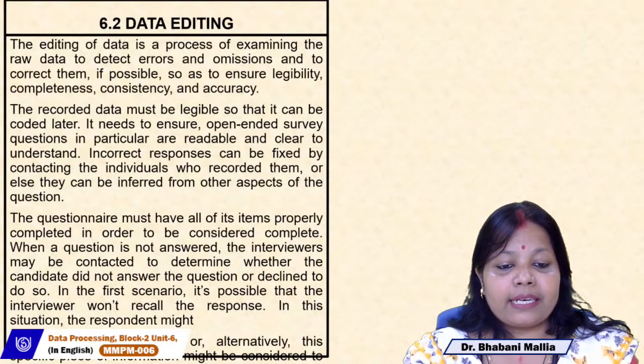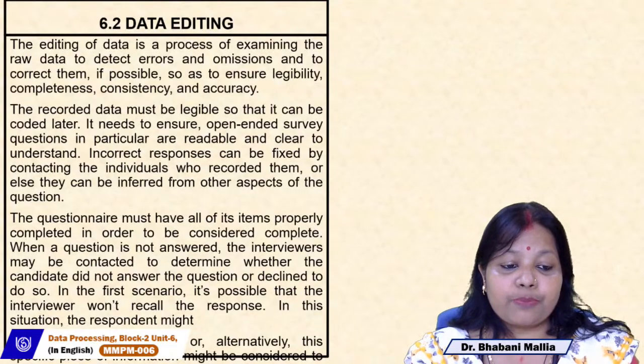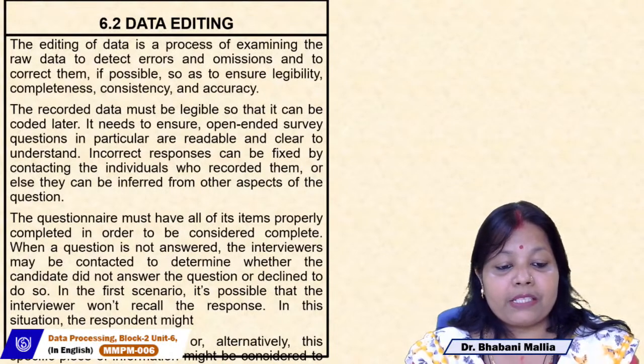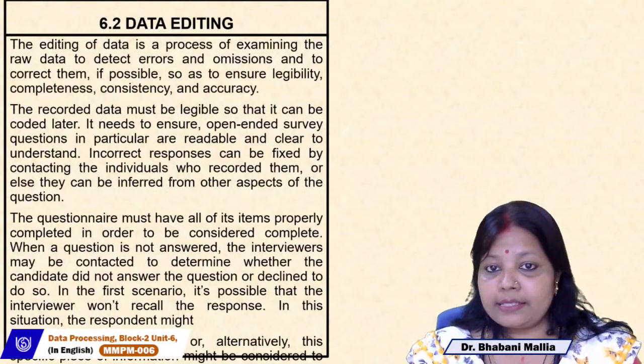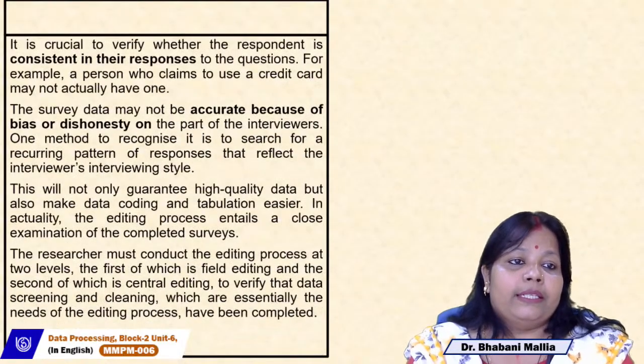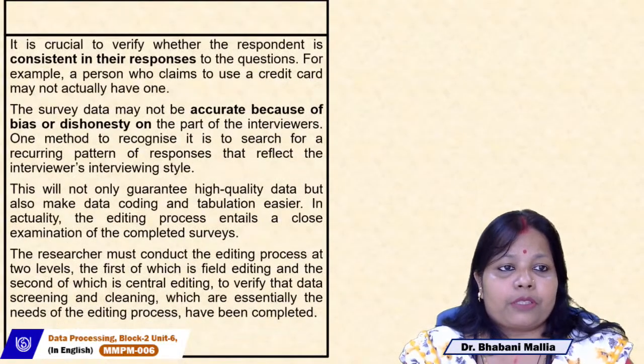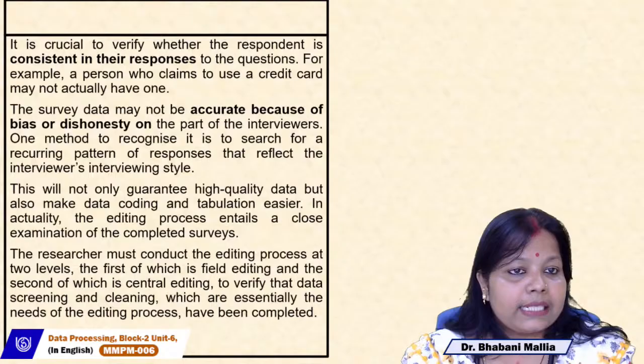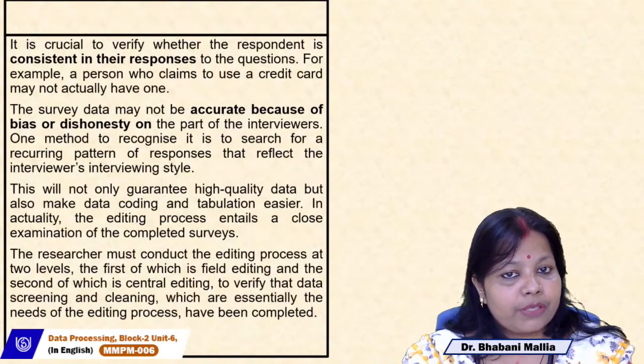In the first scenario, it's possible that the interviewer won't recall the response. In this situation, the respondent might be contacted once again, or alternatively this specific piece of information might be set aside for further process. So it is crucial to verify whether the respondent is consistent in their responses to the questions.